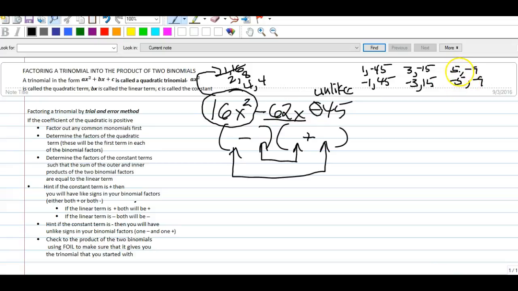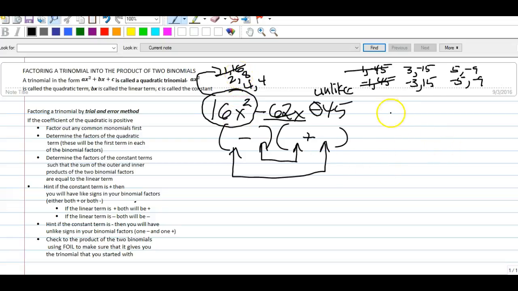And likewise, if I use an x and a 16x and I multiply that by 5 or minus 9, it's going to exceed the minus 62 even when I take the sum of the inner and outer product. So I can safely rule out that. And the same for negative 1 and 45 and 1 and 45. So that narrows down some of the possibilities that I must test.